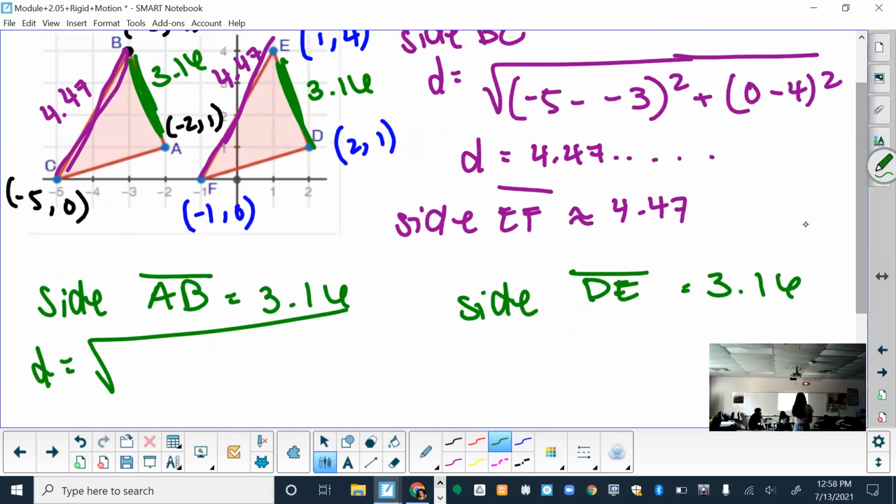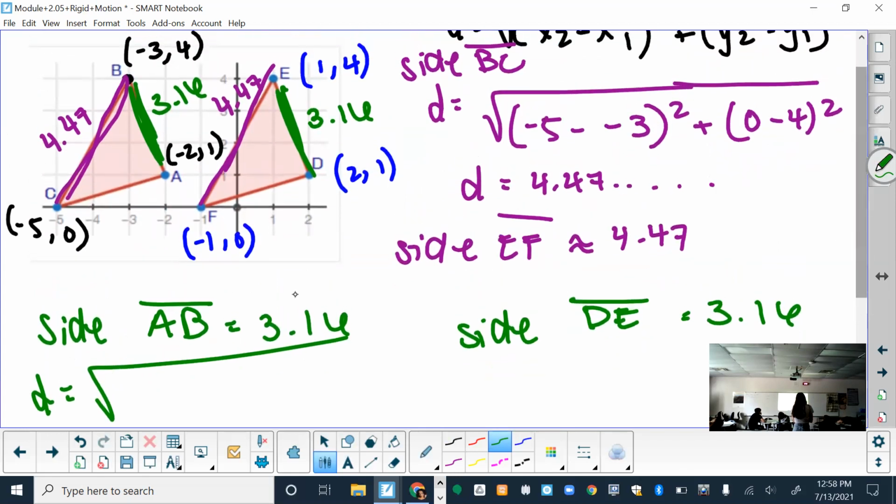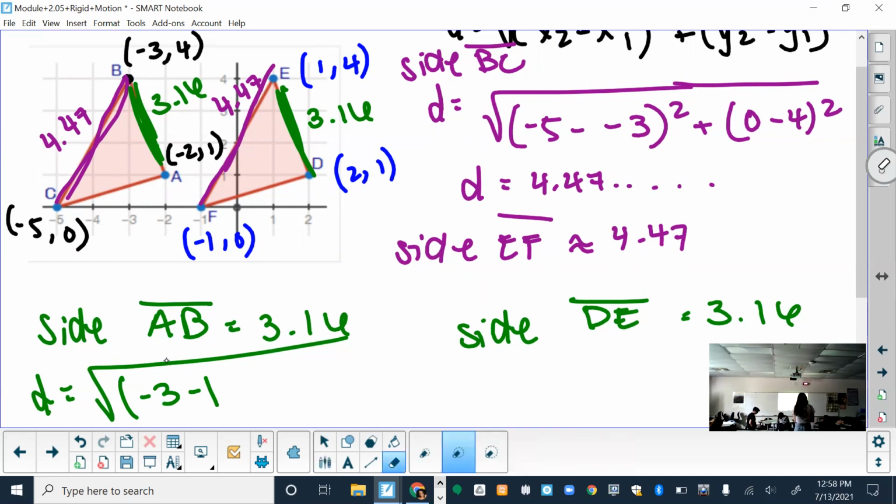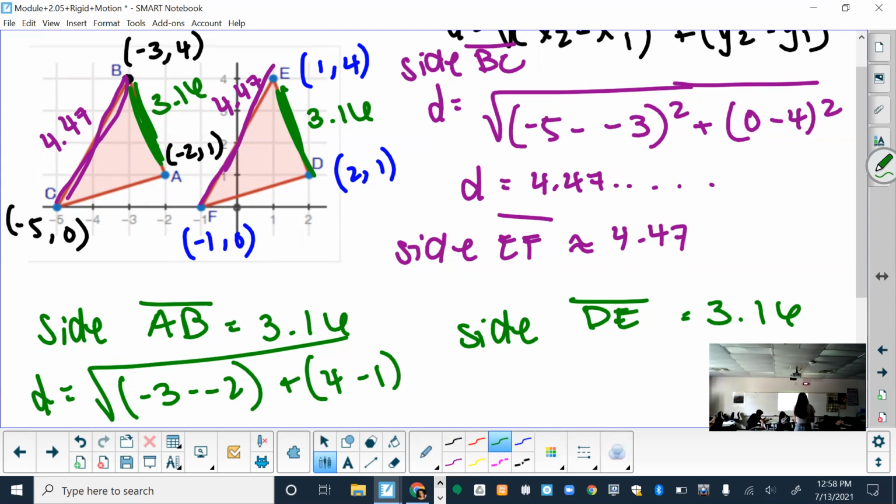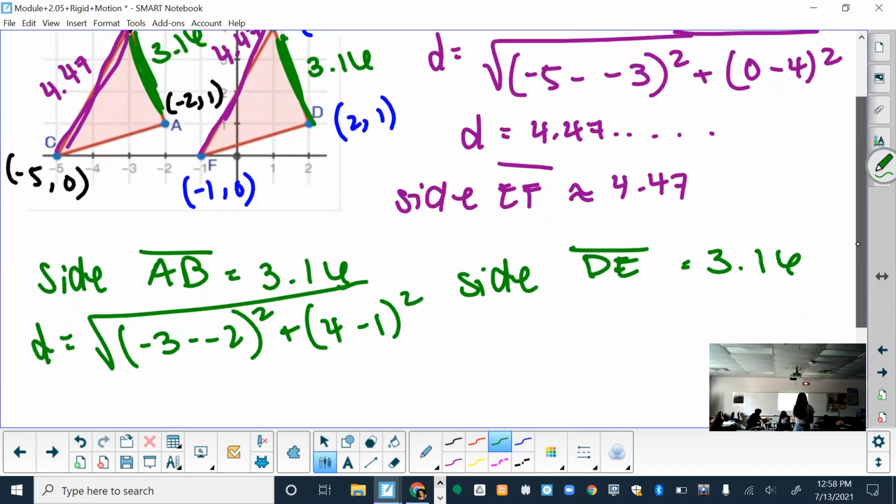There is one other way to put it in. But for side AB, it should have been -3 minus -2 plus 4 minus 1, and then squares outside these things. So x minus x, y minus y, plugged into the formula. You get the square root of 10, or rounded is about 3.16.